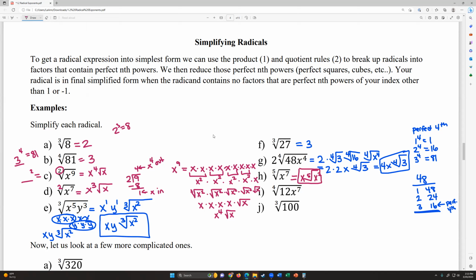For the 12, if we look at our perfect fourths again, 1 goes into everything, but that's not going to help us because if you pull out a 1, you'll still have a 12. 16 is too big, so we can't do anything with the fourth root of 12. That's as broken down as that can get. But we do have more than 4 x's here. So there is one group of 4 in the x to the 7th with 3 left over. So x to the first on the fourth root of 12x cubed.